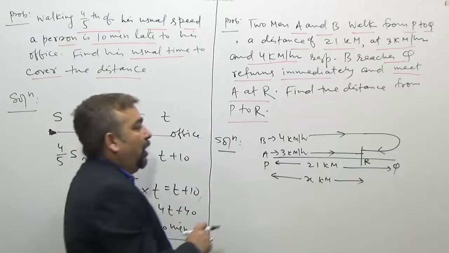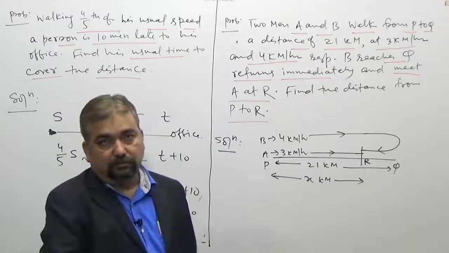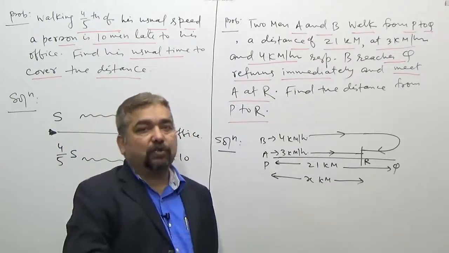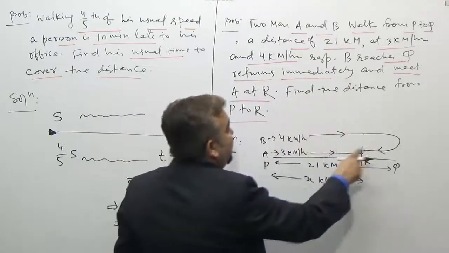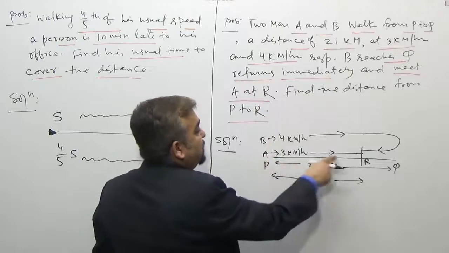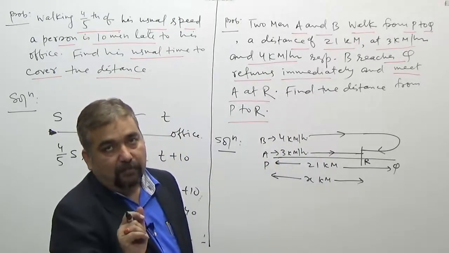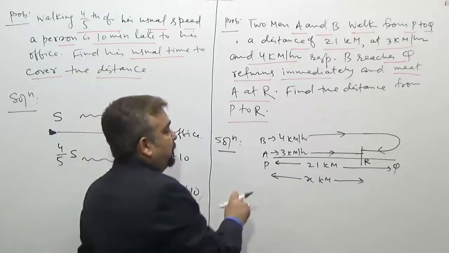Now first of all, we have to see what is constant. Most of the students say distance is constant. But see, the distance covered by B is different from the distance covered by A. So distance is not constant.